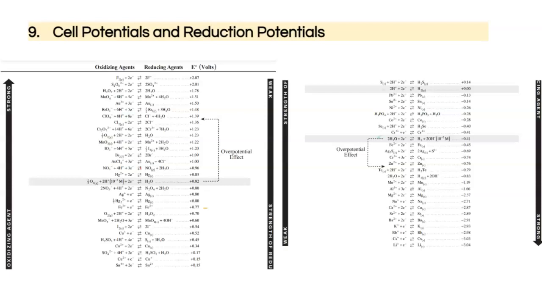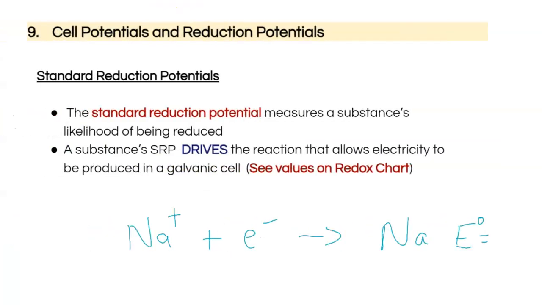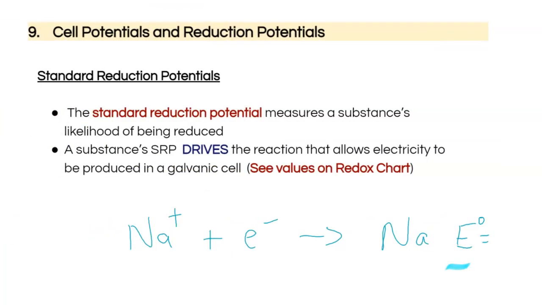And so when I look over here, I'm seeing that sodium has a standard cell potential of negative 2.71 volts. So going back to my previous screen here, negative 2.71, let's make that clear, volts.